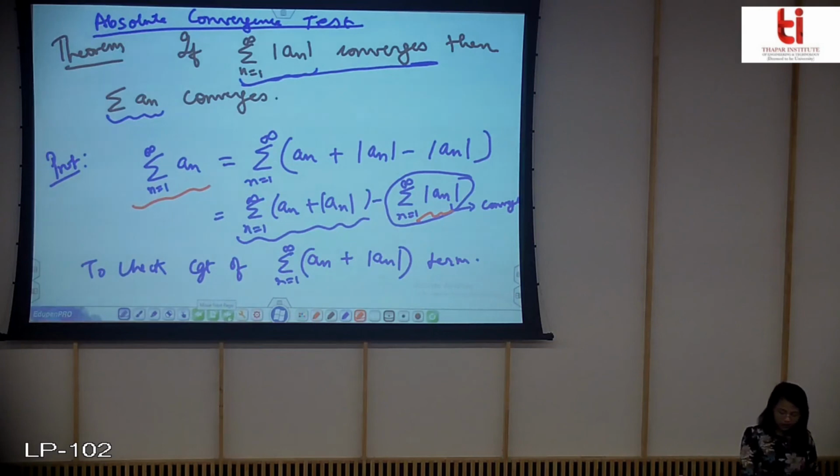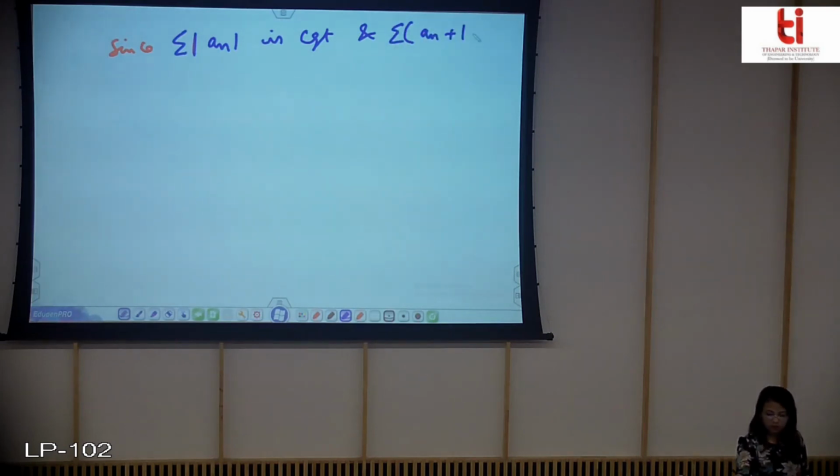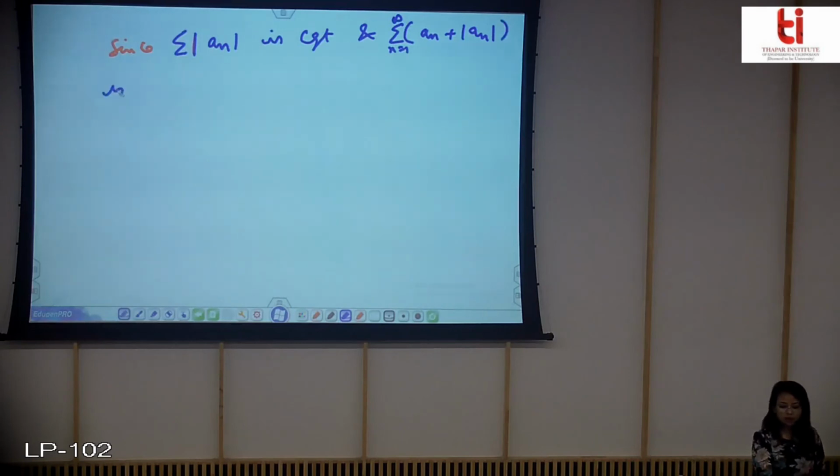So you can write that the sum of mod of an is convergent and this is also convergent.